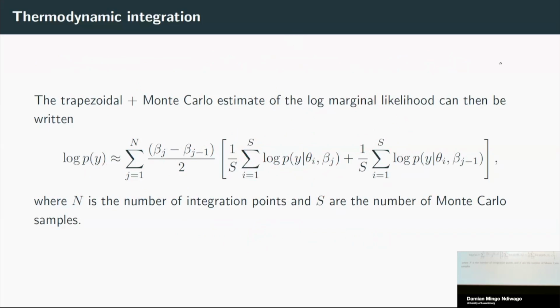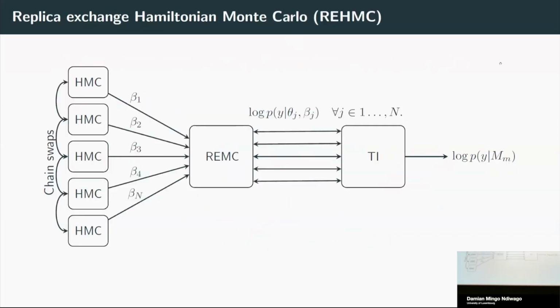So now I talk about the replica exchange algorithm. What happens is that we run several chains, which we call replicas, in parallel, where the likelihood is raised to values between 0 and 1. Then we have local updates where the proposed values, just like in random walk Metropolis, are either accepted or rejected.